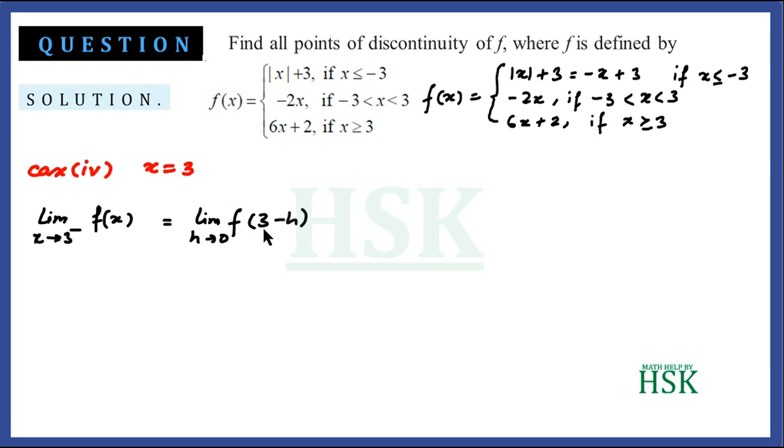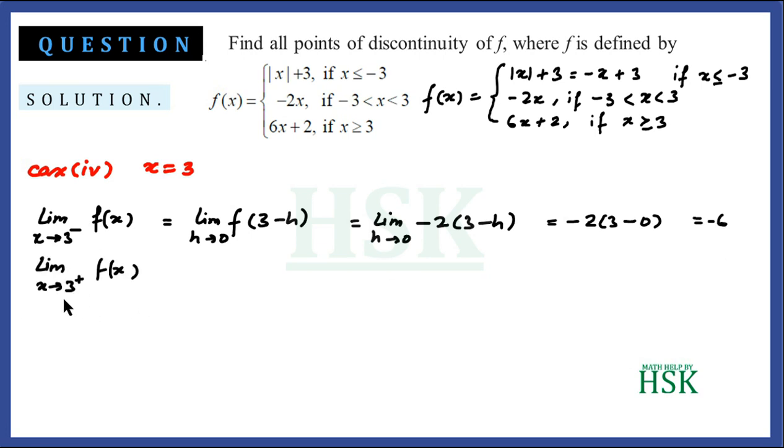So 3 minus h is a value less than 3. Okay, so we are going to take this value for f(x), that is minus 2x. So limit of h tends to 0 of minus 2 of 3 minus h, and this would be equal to minus 2 into 3 minus 0 on applying limits, and this would be equal to minus 6.